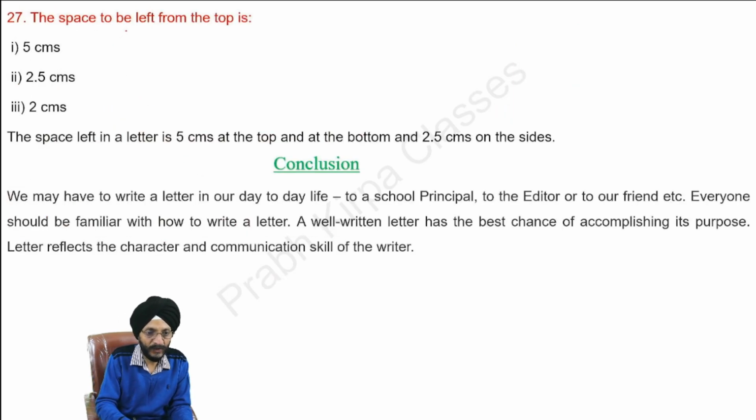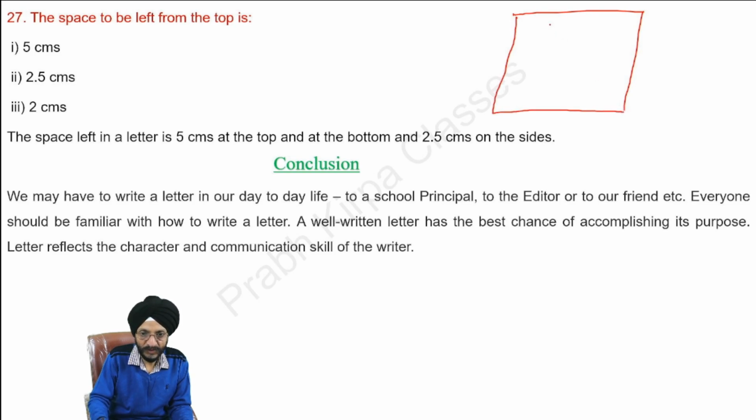The space to be left from the top. This is the formal letter. Suppose this is 5 centimeter from above. You should start from here, 5 centimeter from here. We will understand the same from this answer.